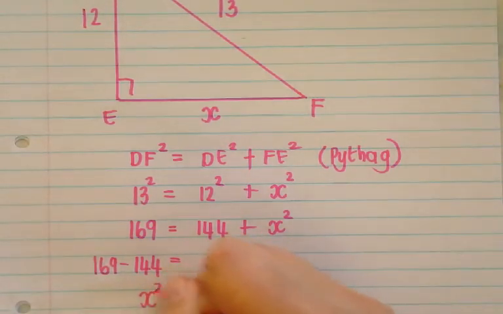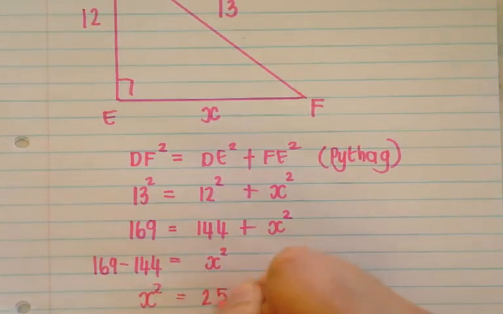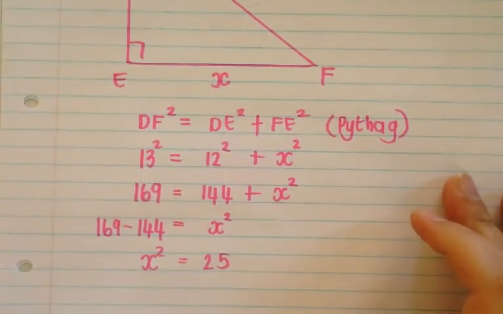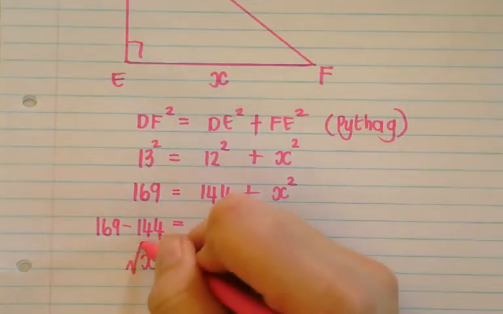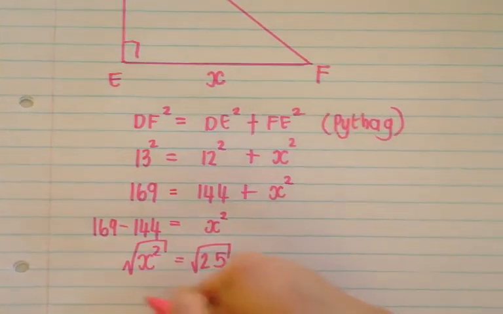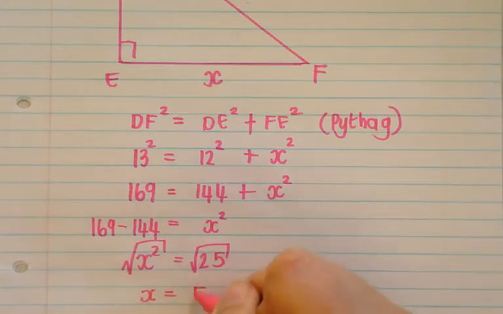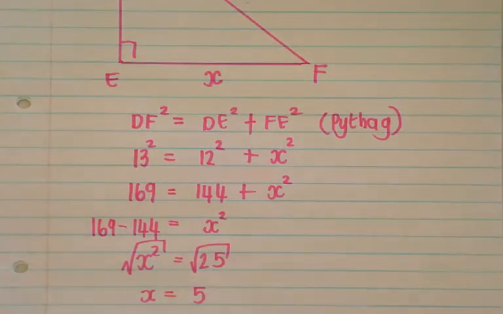So x squared is equal to 25. But I only want one single x. We're going to square root both sides. So the first one was your easiest one. The second one is one step more difficult, and we're going to do another one which is even more difficult.